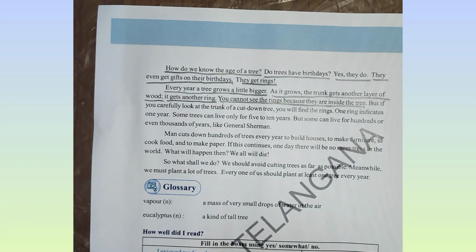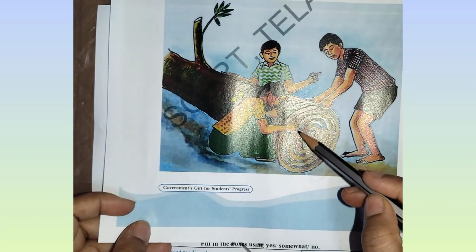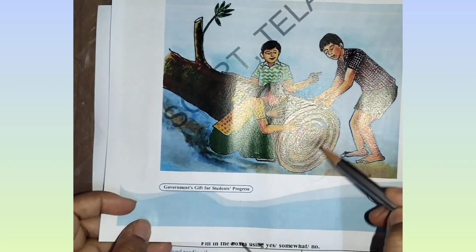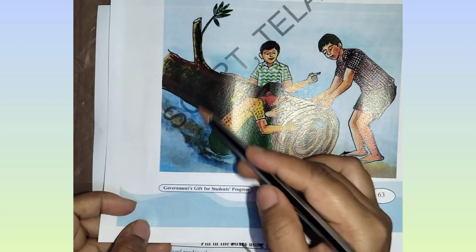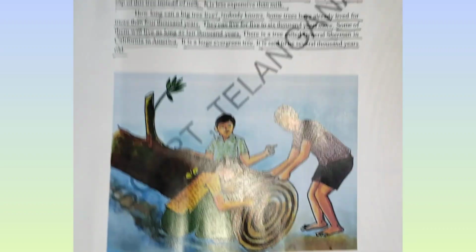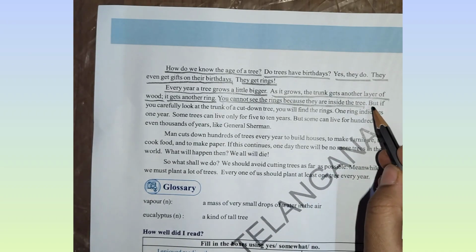In the earlier picture, see here, the rings are formed in rounds like that, inside of the tree. So if we cut the tree, we can see those rings. From the outside we cannot see them, they are saying.